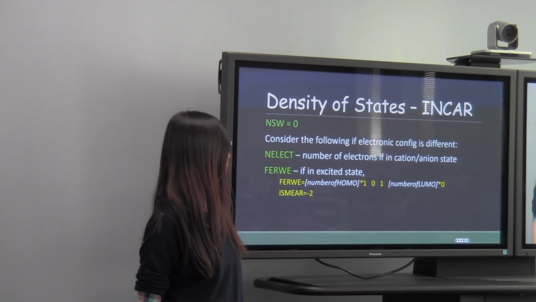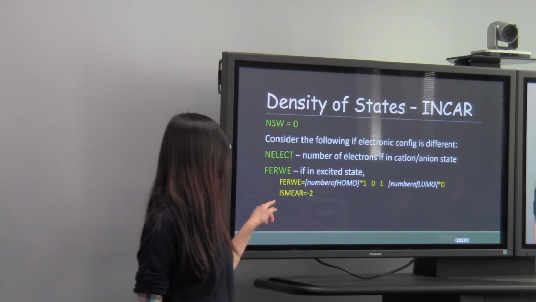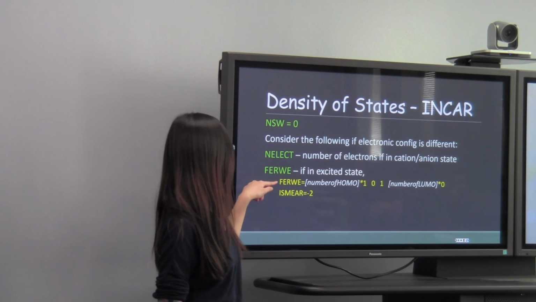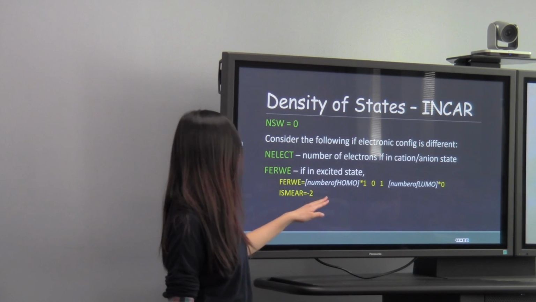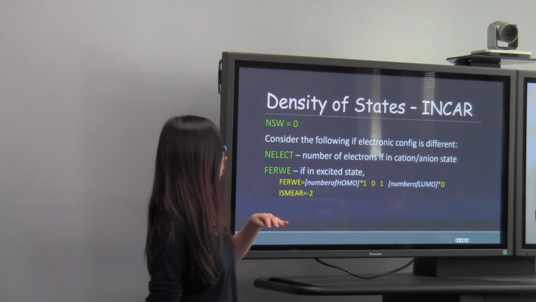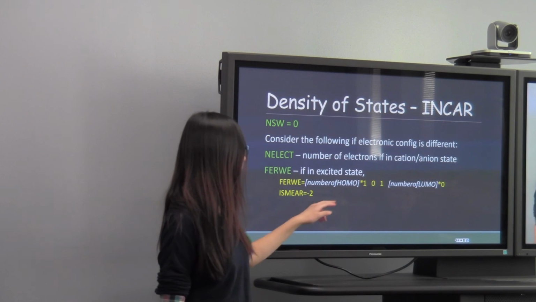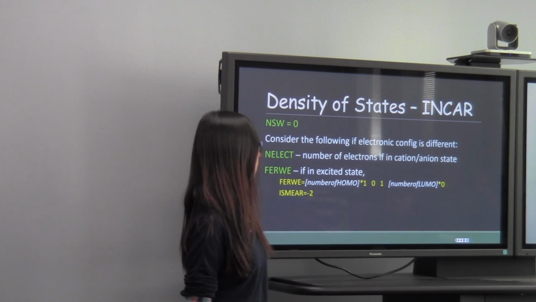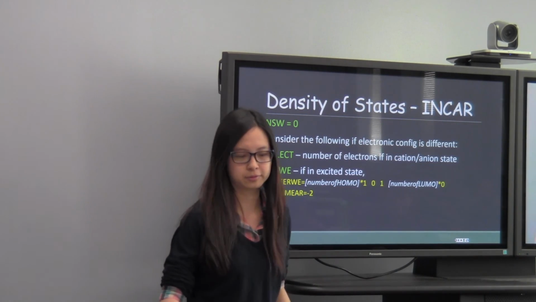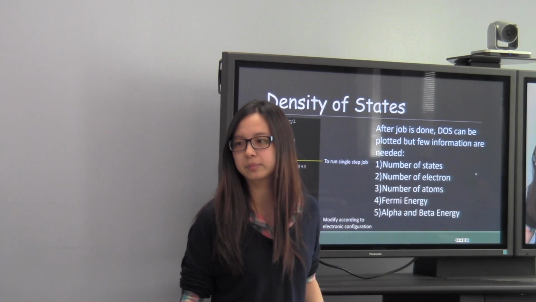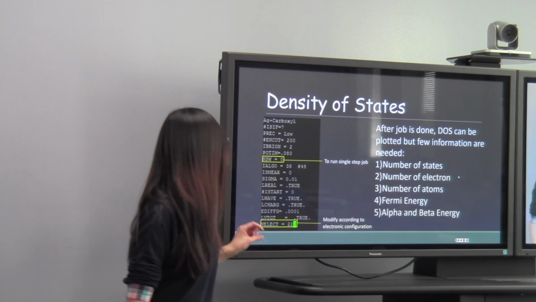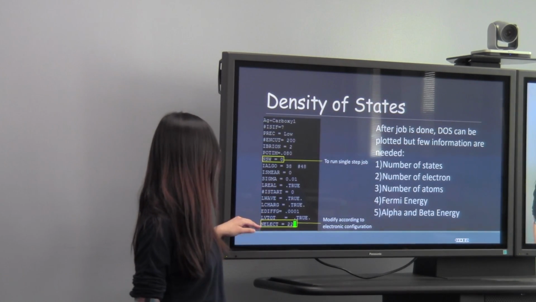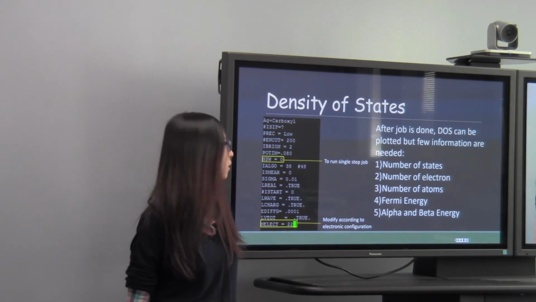If your system is in an excited state, you have to change your ISMEAR to -2 and add the lines for the number of occupied molecular orbitals multiplied by 1, then 0, 1, and then the number of unoccupied molecular orbitals by 0. Here is an example of the INCAR file. Your NSW should be 0, and this is added according to your electronic configuration.